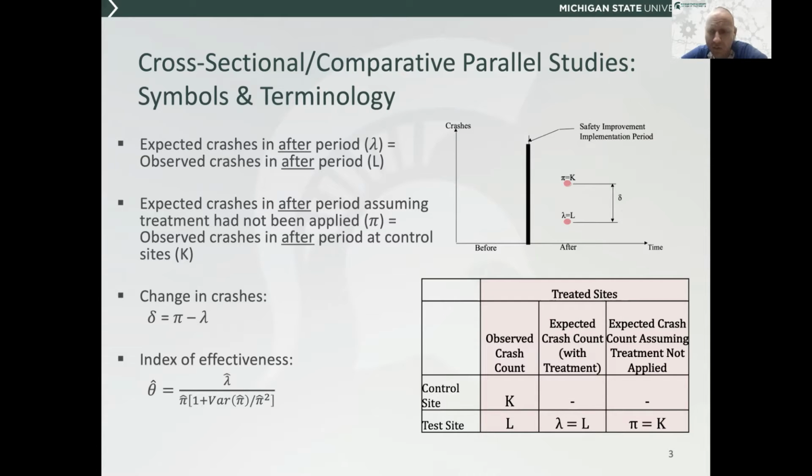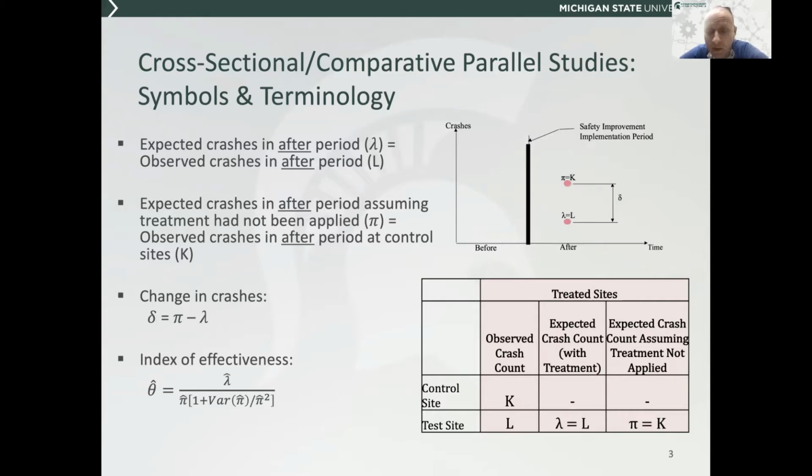Sticking with the same general terminology that has been introduced previously, the expected number of crashes in the after period after the treatment has been applied is simply obtained by direct observation. So we can measure how many crashes L occurred at the site where the treatment has been applied, and that provides us with an estimate of the parameter lambda.